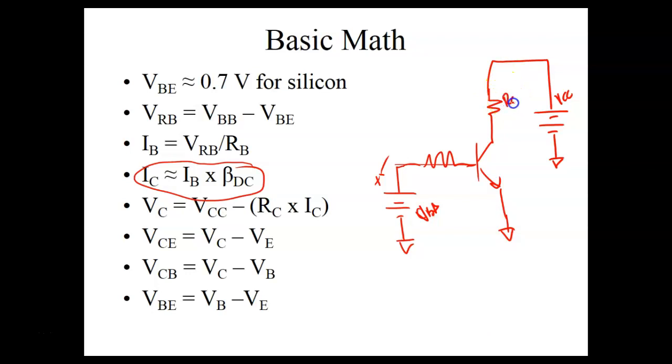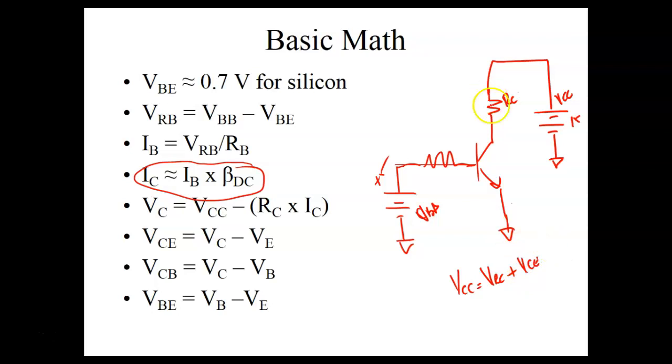Then if we call this RC, and this is 15 volts, then 15 volts has to be the sum of the voltage drops. According to Kirchhoff's law, we know that VCC is going to have to equal VRC plus VCE. It's got to equal 15 volts.